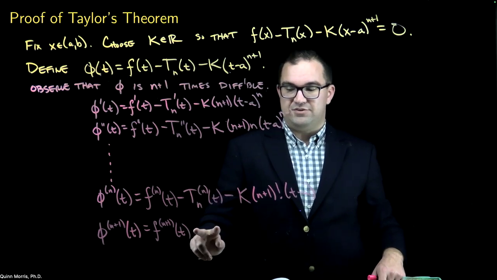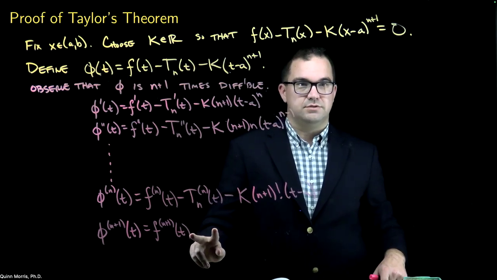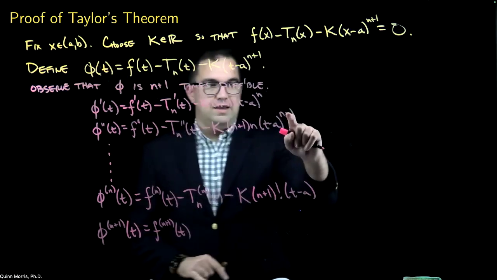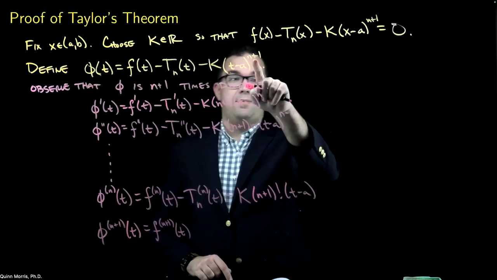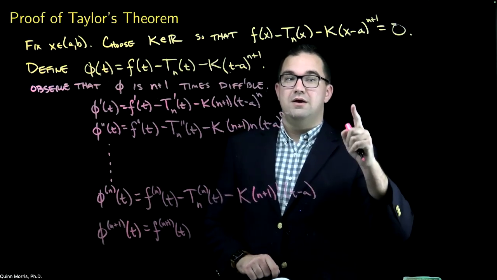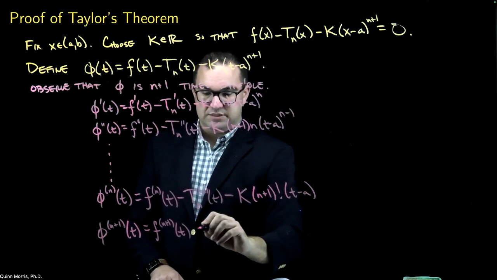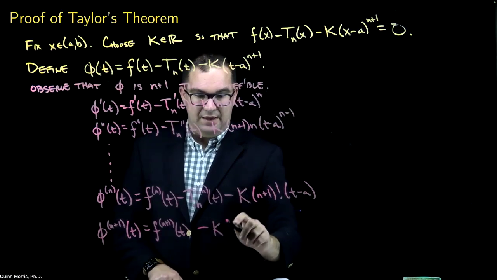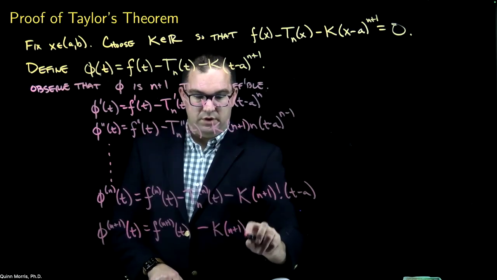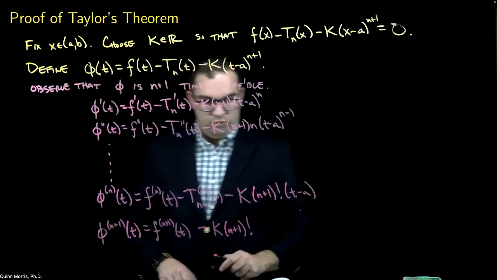So in the n plus first derivative, this term disappears. And here, again, this was a polynomial of degree n plus 1. So now when we differentiate it n plus 1 times, we're just going to be left with the constant, which is going to be k times n plus 1 factorial.